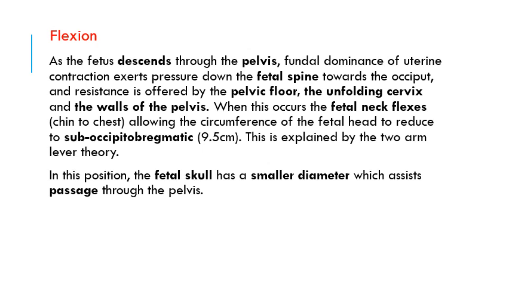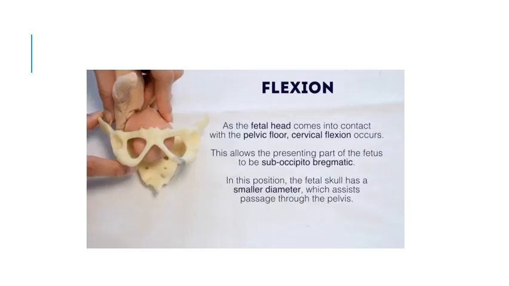When this occurs, the fetal neck flexes, which allows the circumference of the fetal head to reduce to suboccipito-bregmatic. This is explained by the two-arm lever theory. In this position, the fetal skull has a smaller diameter which assists its passage through the pelvis. So here we can see flexion of the fetal head that has started to occur.